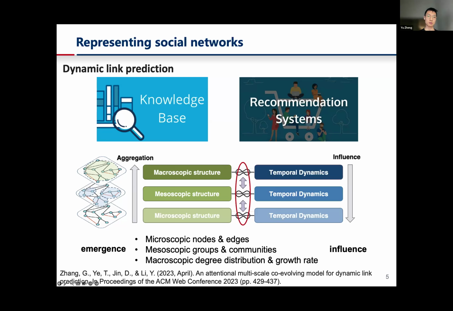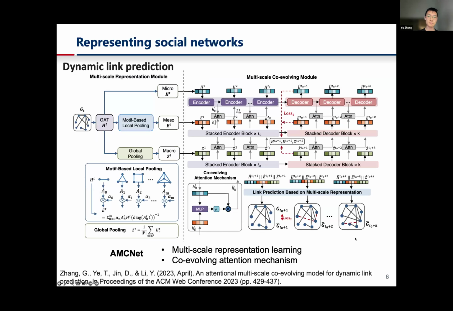So there are microscopic nodes and edges, mesoscopic groups and communities, and also the macroscopic level properties of the whole network, such as the degree distribution or the growth rate. We know that macroscopic temporal dynamics naturally emerge from microscopic temporal dynamics, and in the opposite direction, they also influence low-level behaviors.